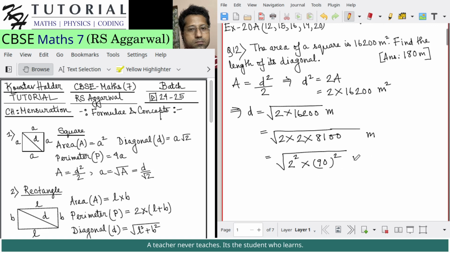So this now becomes 2 into 90 meter, which is equal to 180 meter. So the diagonal of the square is 180 meter.